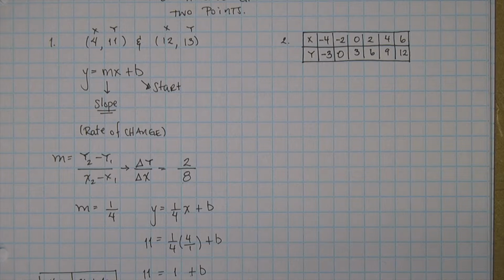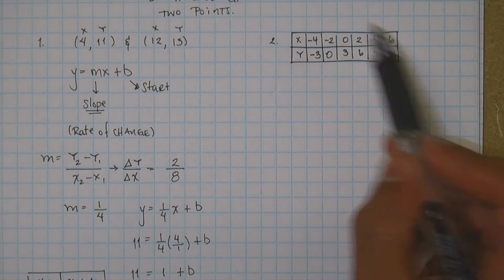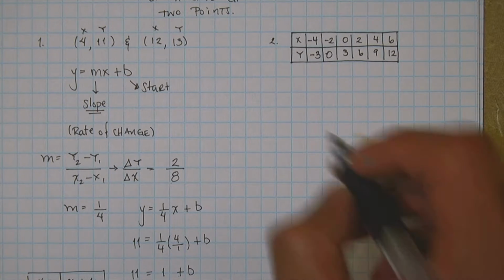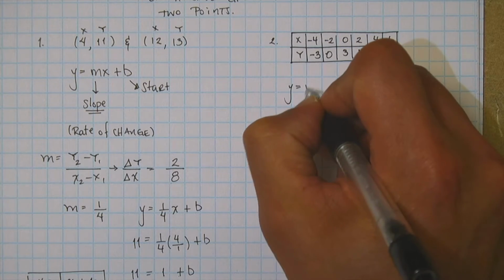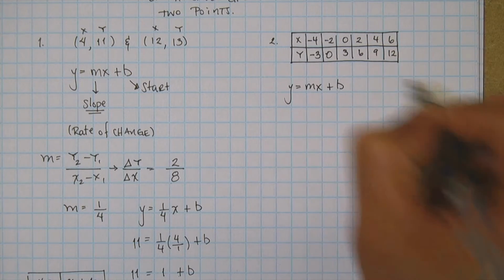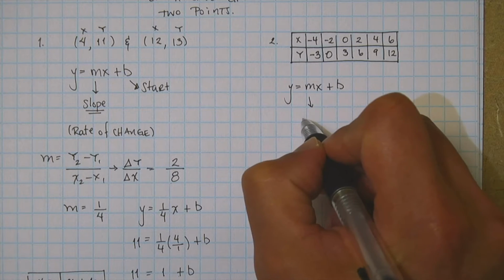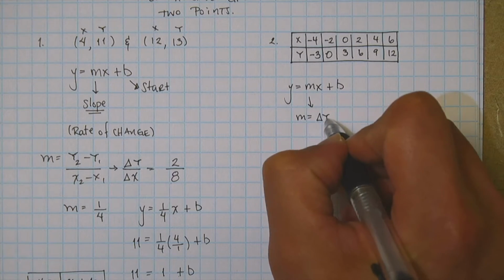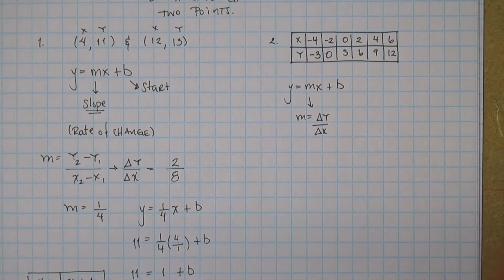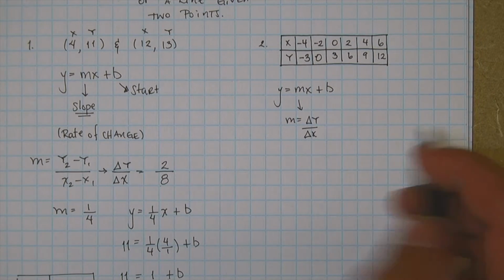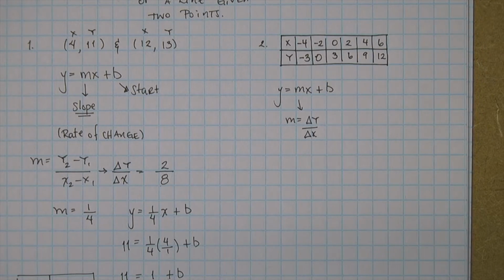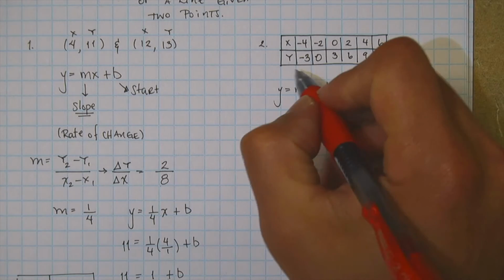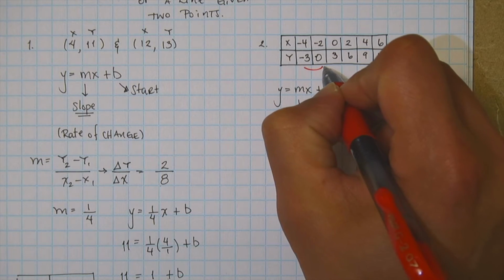Now let me go ahead and do one more. Let's just say they give you a table. Again, we start with y equals mx plus b. I want to find my m, my slope. Now remember, the slope is change in y over the change in x, and it's always y over x. So if I look here, I want to look at how these values are changing. My y values, what's happening?